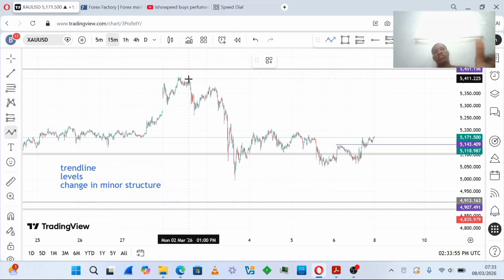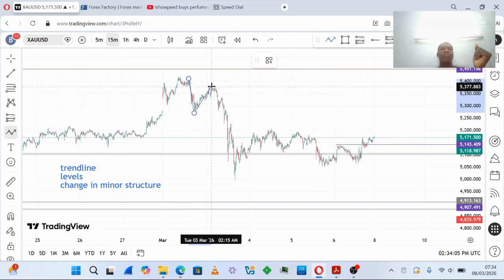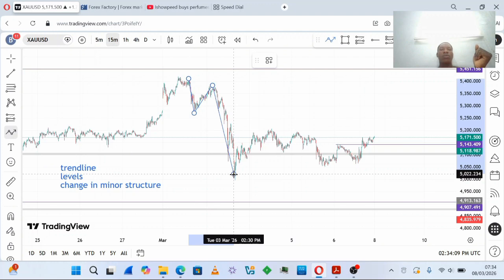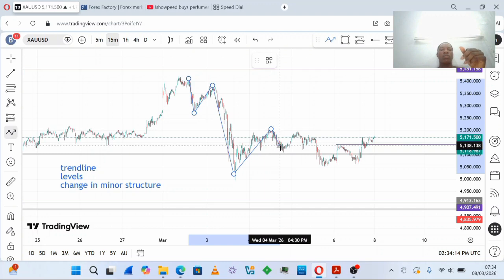This was on a resistance level where gold reached before crashing to this level. So this is a high, this is a lower high, then he ended up making a lower low. A lower high. Instead of making a lower low, he made a higher low.